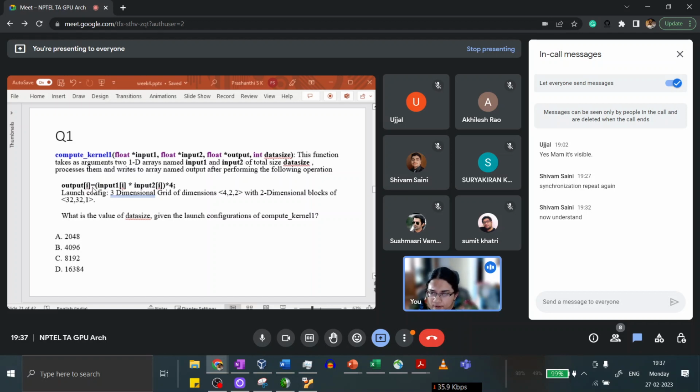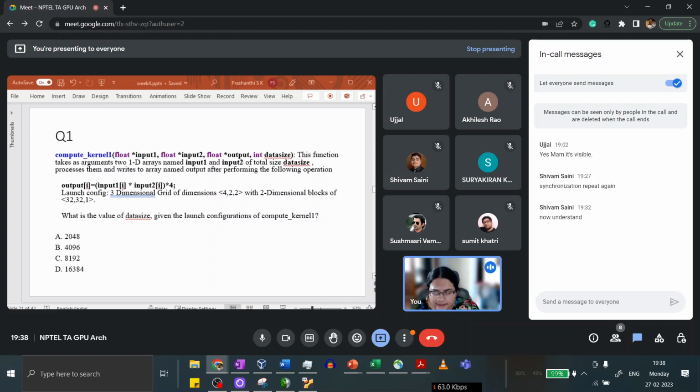The operation is output of i equal to input 1 of i star input 2 of i star 4, and the launch configuration is given as a three-dimensional grid of 4, 2, 2 with two-dimensional blocks of 32, 32, 1. What is the value of data size given the following launch kernels?